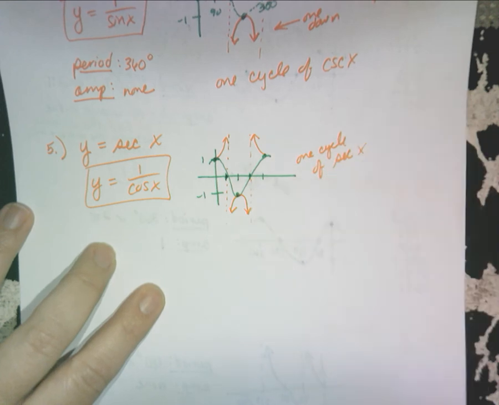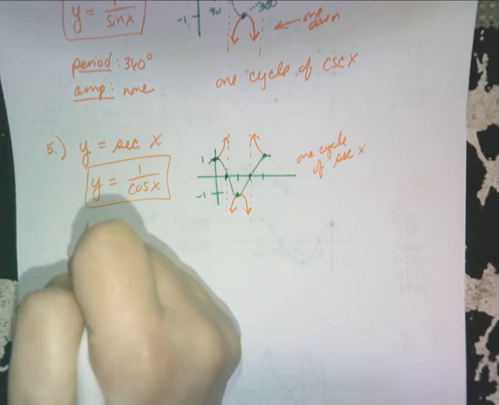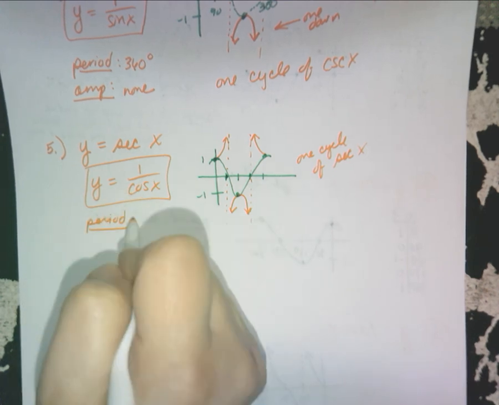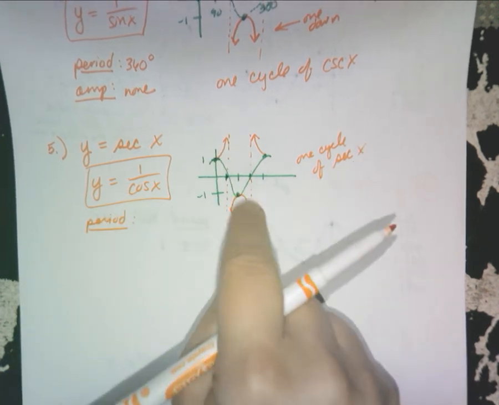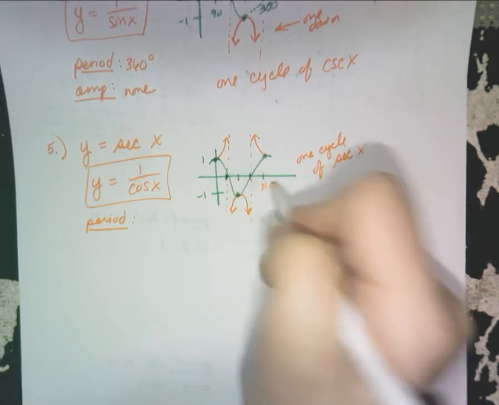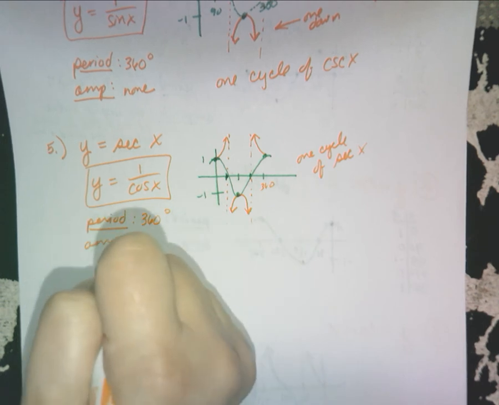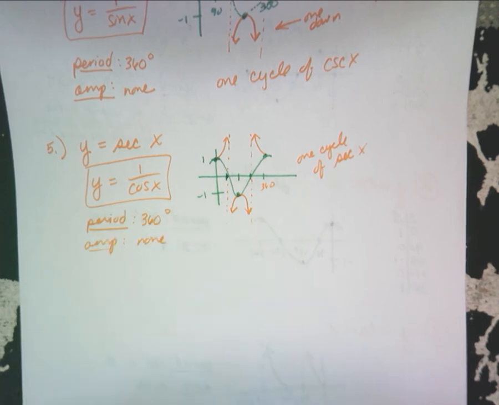And you can't, the reciprocal of 0 is an undefined asymptote. So what's its period? Again, a half, a full down, another half, that is 360. So 360 is the period. The amplitude is none. It goes off.